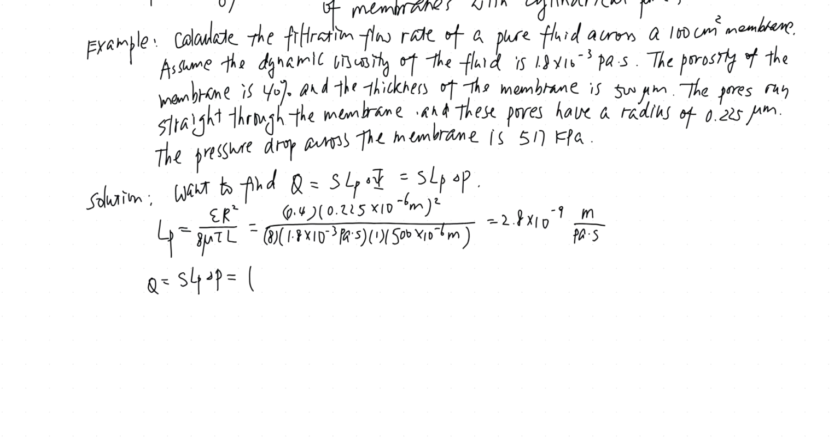It's 100 times 10 to the minus 4 meters squared, multiplied by the L_P we just found, which is 2.8 times 10 to the minus 9 meters per pascal second. And then we multiply by the pressure difference, which is 517 times 10 to the 3 pascal.